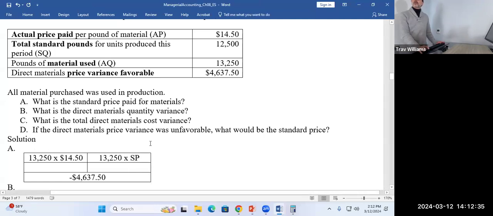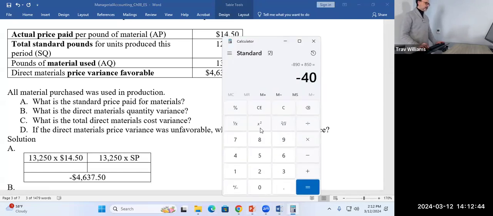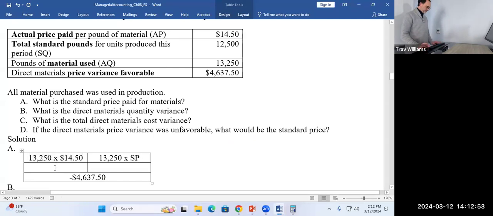Any questions before we do that? All right, so again, we have to start over here because we have that information. So we're going to take the actual quantity times the actual price, $192,125.